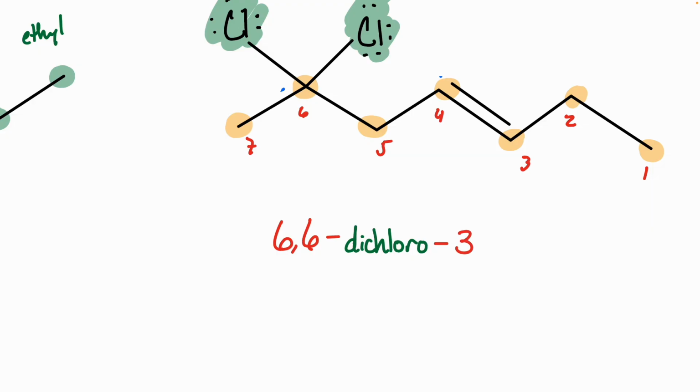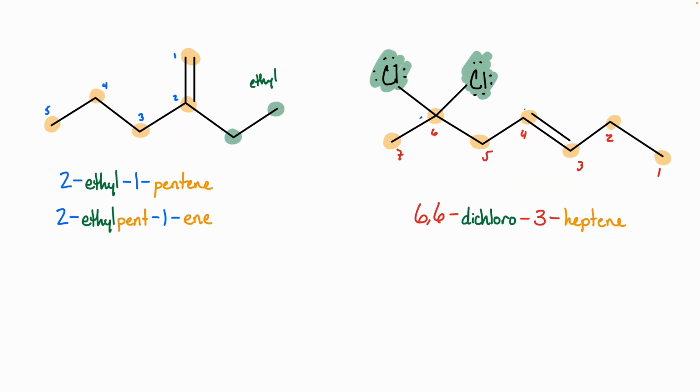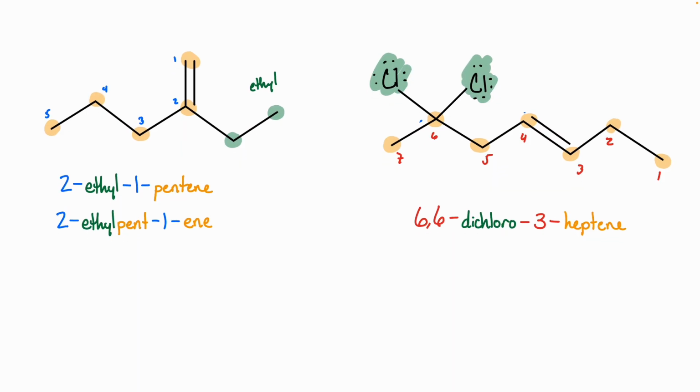So 6,6-dichloro-3-heptene. Or I could have said 6,6-dichlorohept-3-ene, again, where we move that locant of that double bond to right before its suffix. Cool. So again, we prioritize our carbon-carbon double bond when we're picking our numbering scheme.